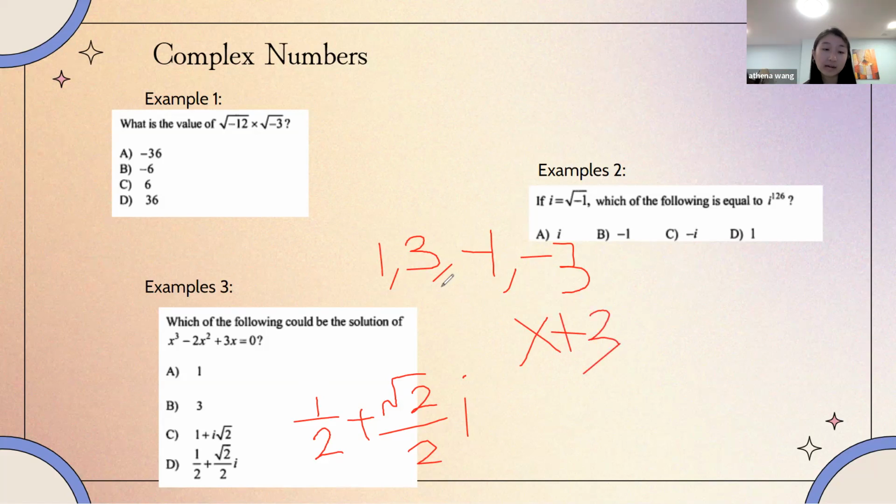If that was a factor, then if we plug in x equals -3 in there, it should get us 0, because the remainder, when it's divided by x plus 3, should be 0. Okay, but if we test these, they don't work. So we look for a different solution.